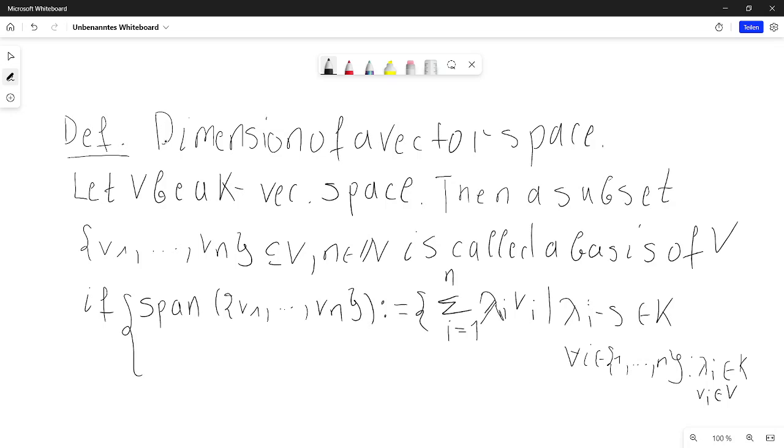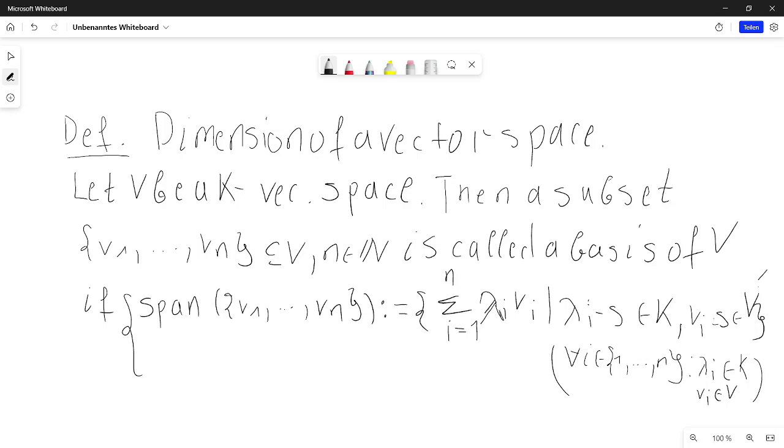As lambda_i e_i is in V, and properly written that is stated here. That's the first property. Wait, what property?